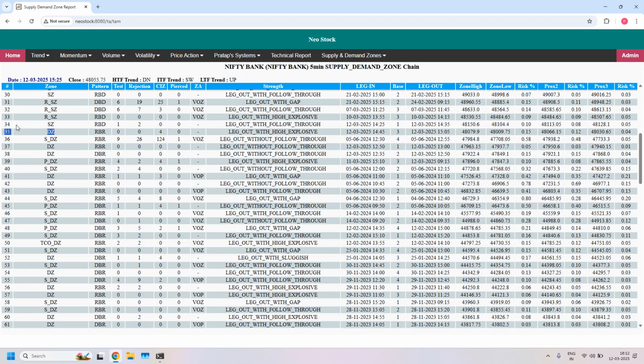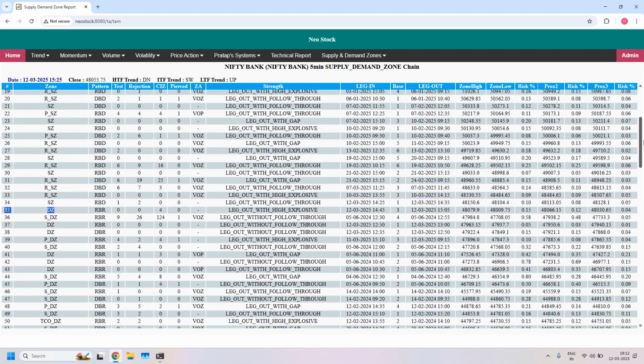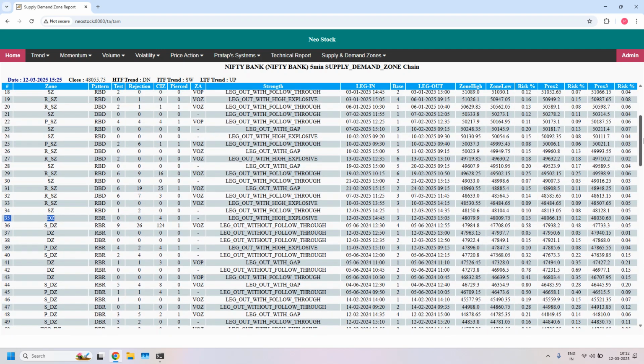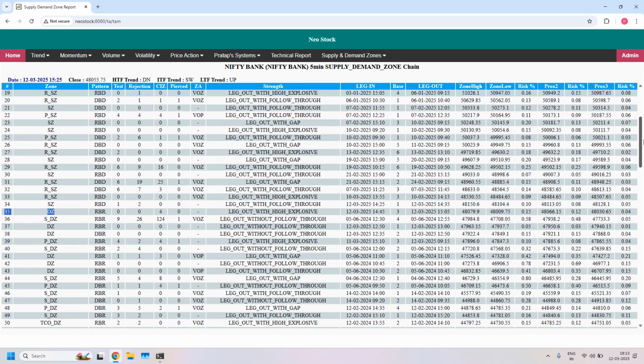Nearest supply zone to the current closing price is 34 serial numbers. So let me adjust in the middle of the screen the nearest ones so that you know the zones above and below the existing current demand and supply zones. Okay, this is about Bank Nifty supply demand zone chain. So with this we have completed both Nifty and Bank Nifty supply demand zone chain reports.